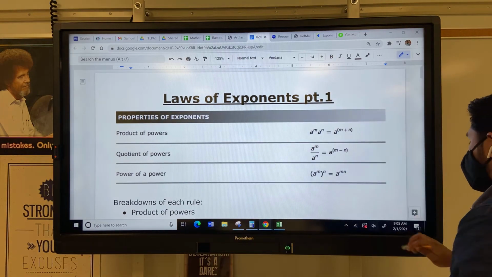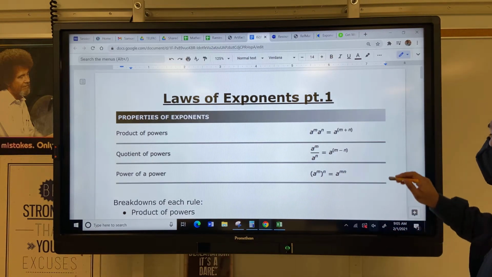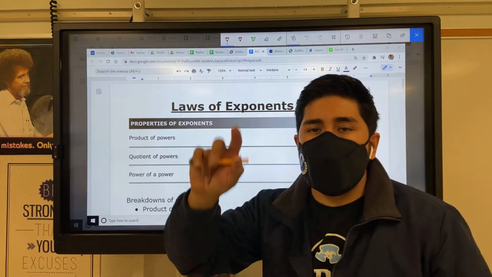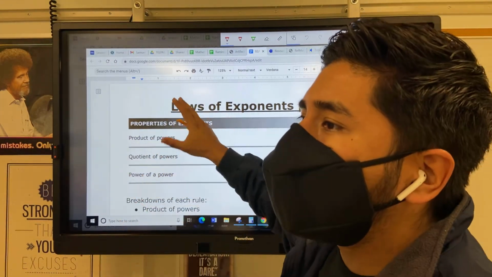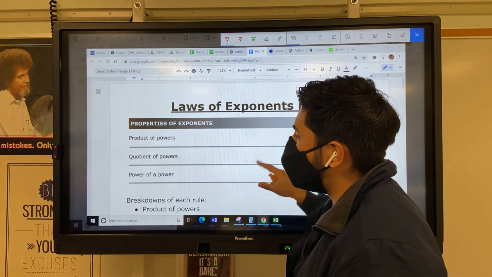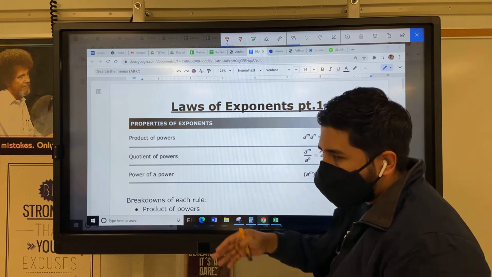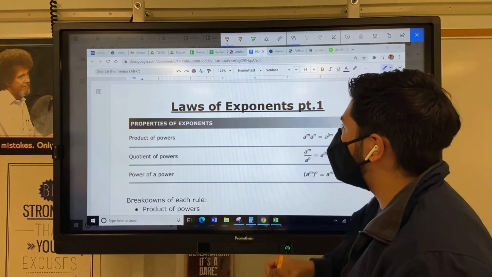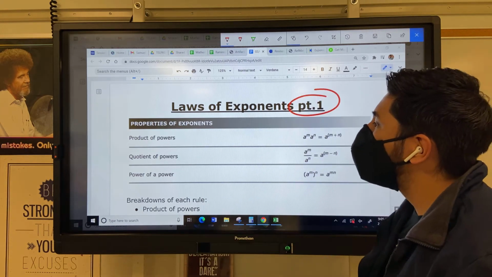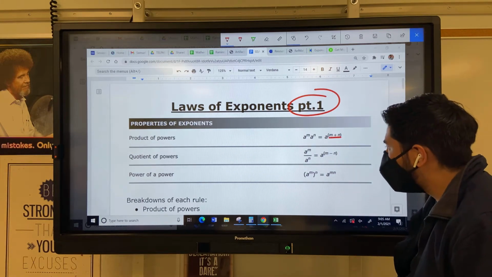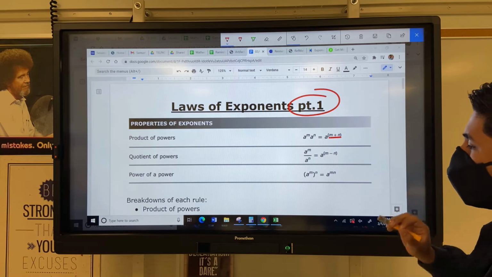Laws of exponents, ladies and gentlemen. As you can see right here, I took a snapshot of your STAR test reference chart that you're going to be getting. There are these three rules. There are plenty more rules, but these are the ones we're focusing on today because today is part 1. Product of powers, as you can see right here, we're adding, but there are some specific rules.